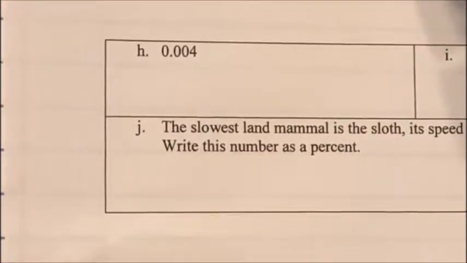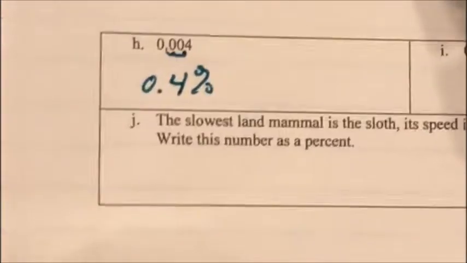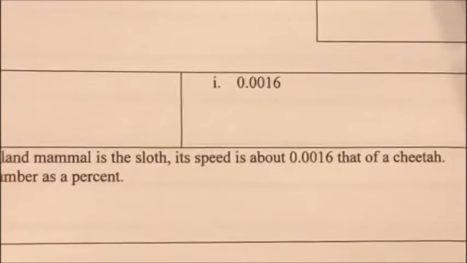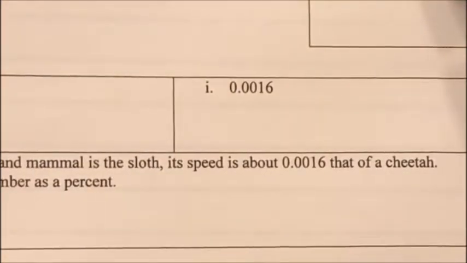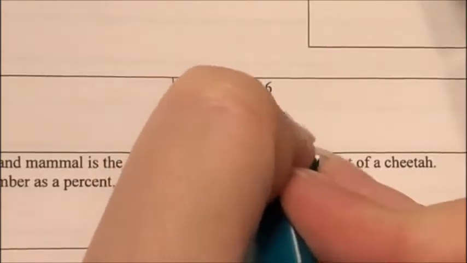Again, I want to move the decimal 2 places to the right. So I get 0.4%. For letter I, I have 0.0016. I'm going to move the decimal 2 places to the right. So I get 0.16%.